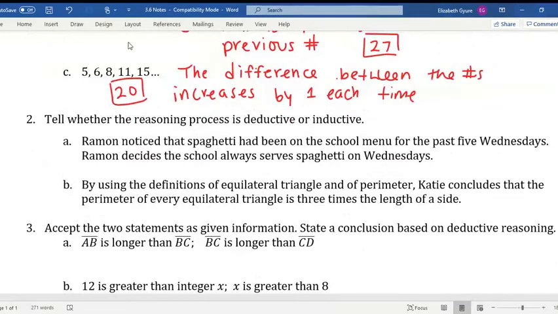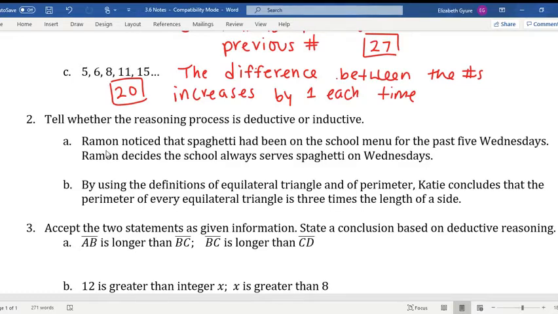For number 2, it says tell whether the reasoning process is deductive or inductive. So if it's deductive, it's going to be based on theorems, postulates, properties, definitions. If it's inductive, it's based on a pattern.